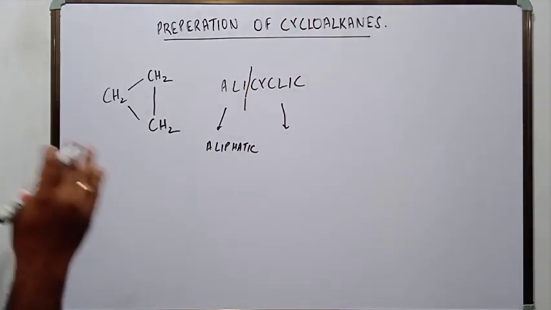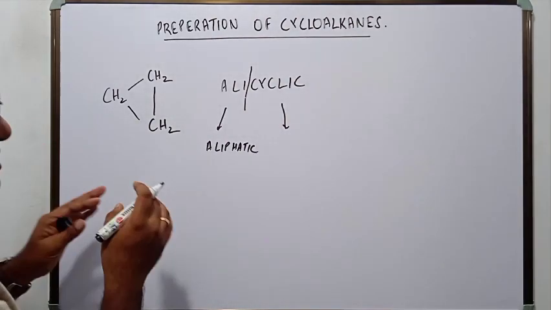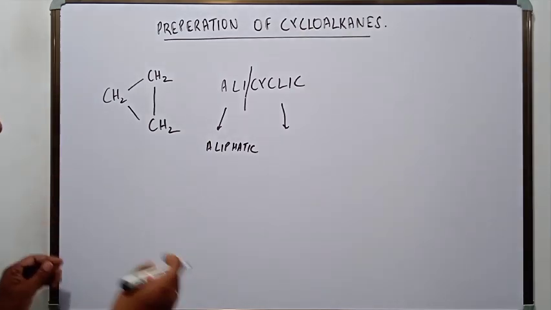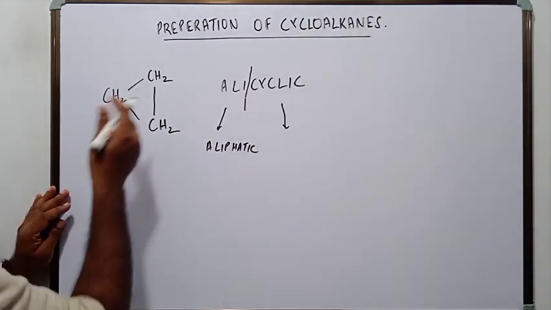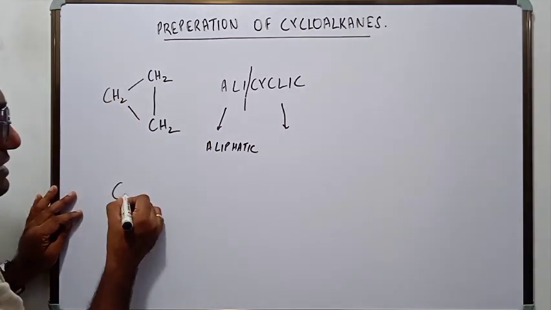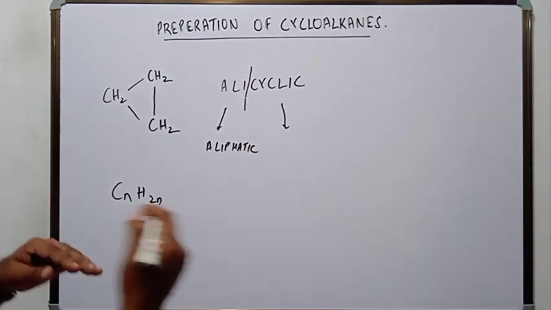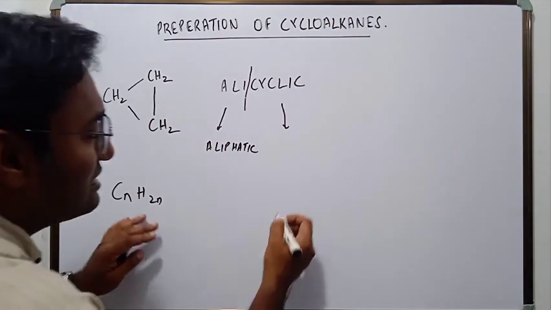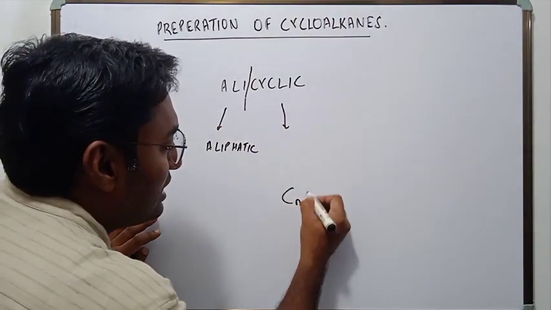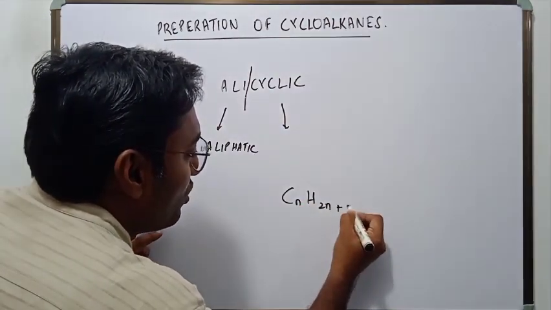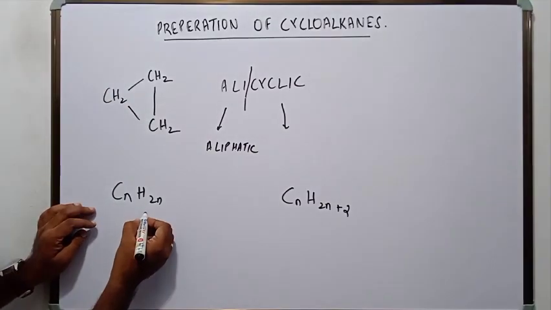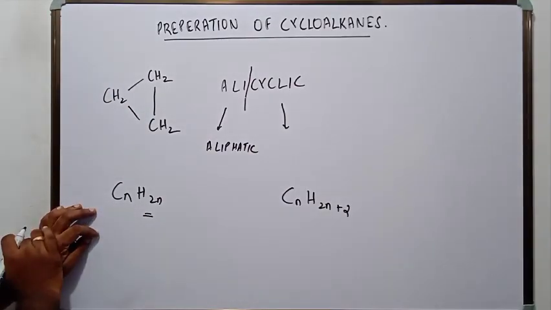Now one of the main differences between alkane and cycloalkane is its general formula. The cycloalkane's general formula is CnH2n, and for the homologous alkanes the general formula is CnH2n+2. So as you can see, there are 2 hydrogen atoms less in cycloalkane.